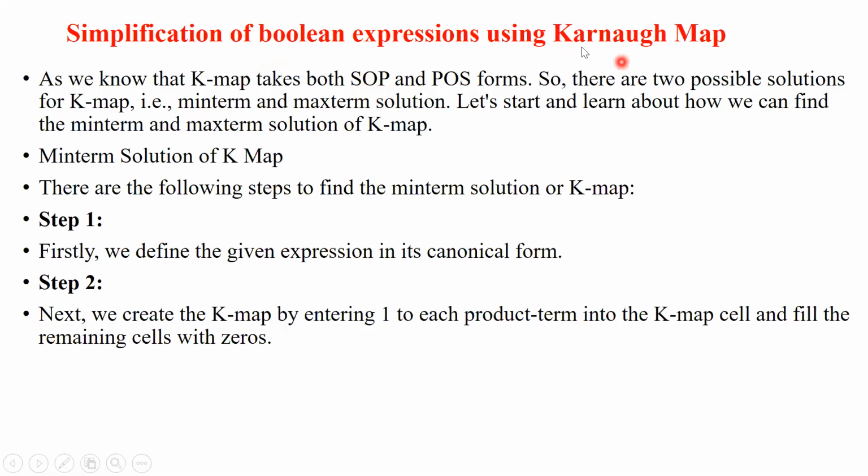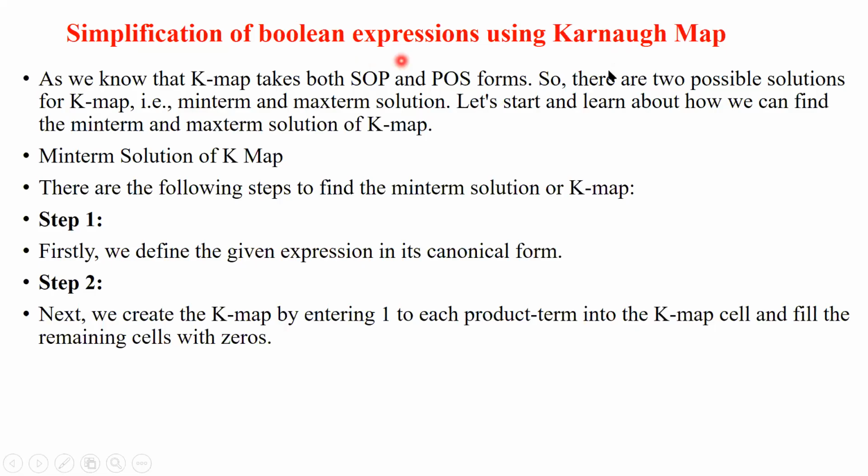So when we try to solve using K-map, we have to remember which form we are moving ahead with, whether SOP or POS, because accordingly we will have min terms, that is small m0, m1, or we will have max terms, capital M0, M1, and so on.